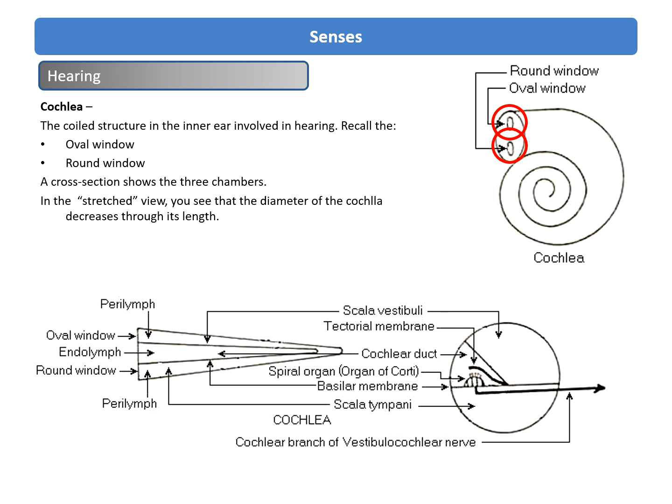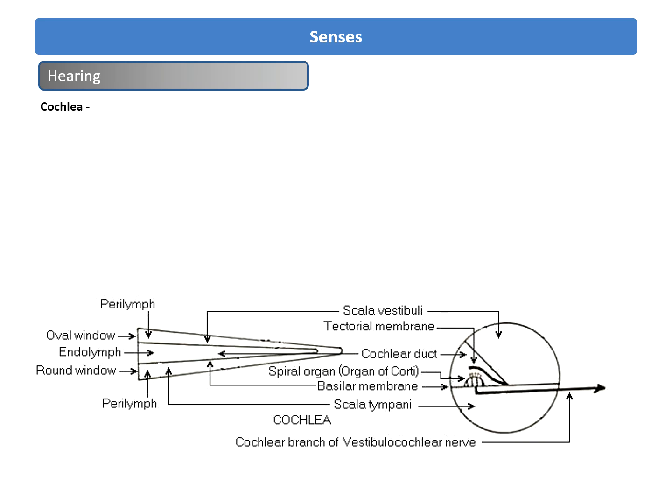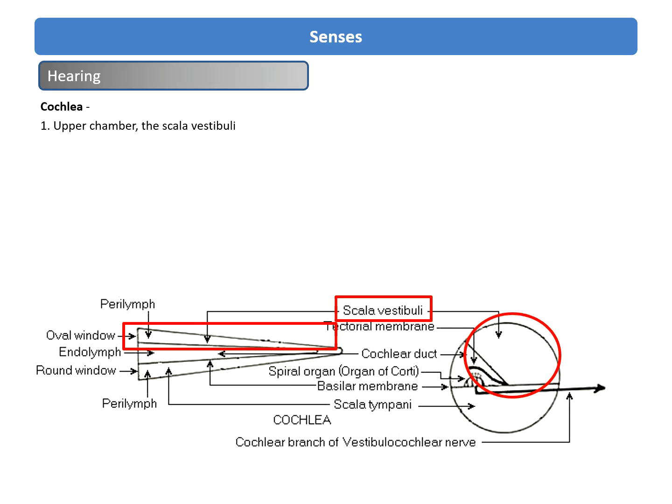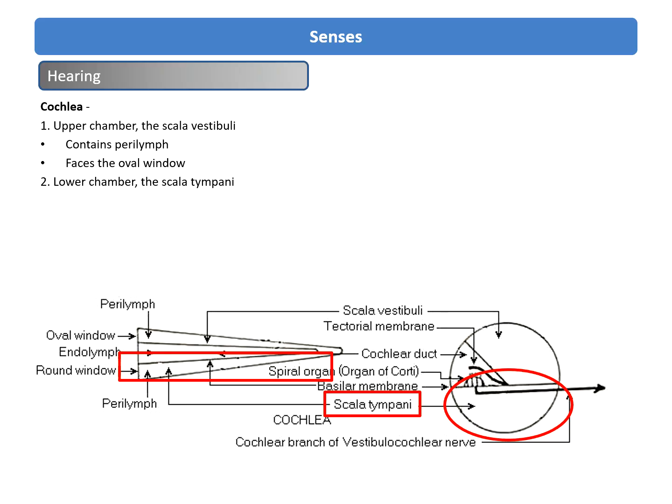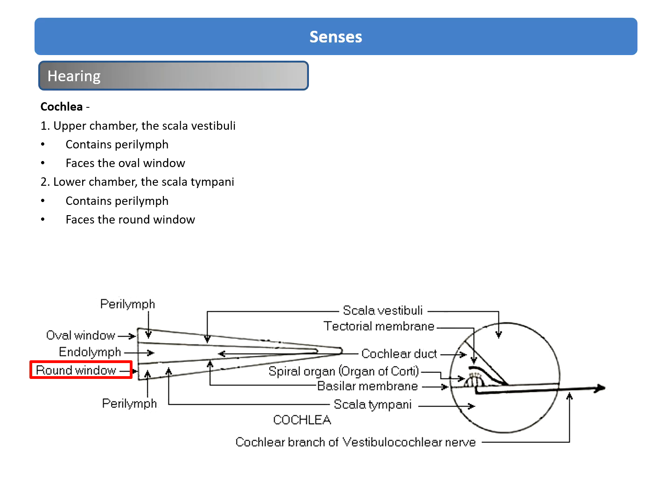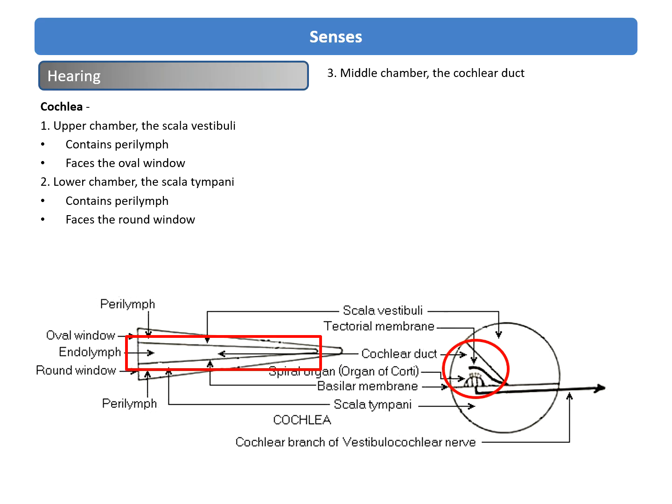To make it a little easier to understand, let's uncoil the cochlea and stretch it out straight. The upper chamber in the cochlea is called the scala vestibuli. It contains perilymph. It faces the oval window. The lower chamber is called the scala tympani. It also contains perilymph, and it faces the round window.